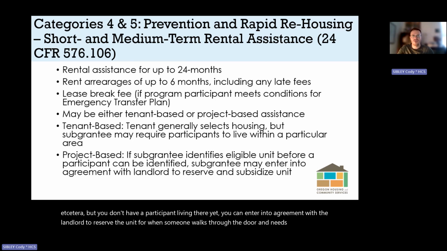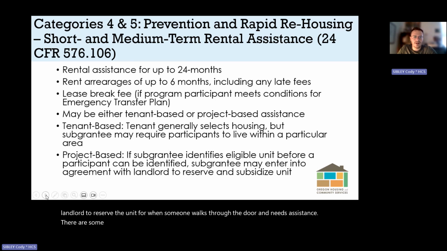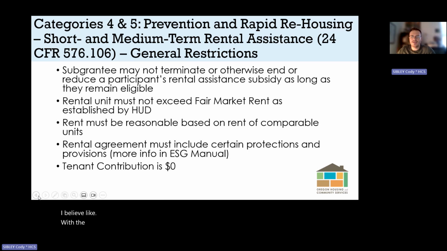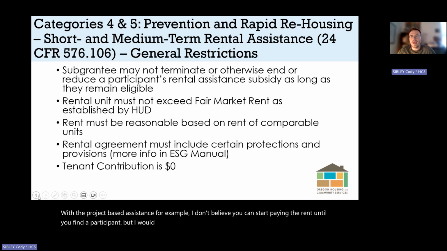There are some restrictions that are fleshed out in the manual. For example, I don't believe you can start paying the rent until you find a participant. But I would review the manual and make sure that you're meeting all the different requirements.